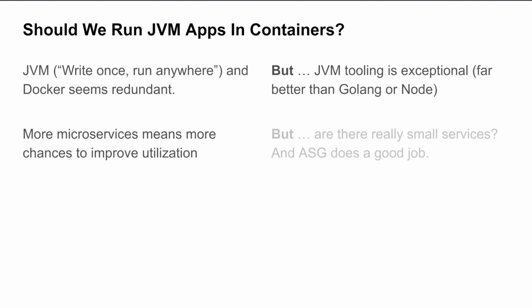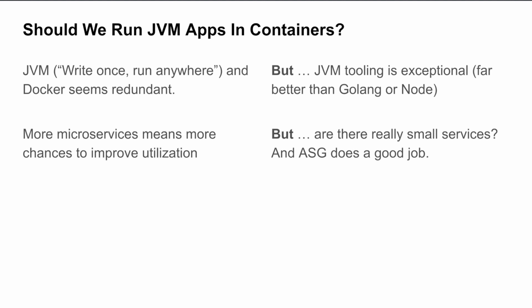The counter here, though, is just because you do microservices doesn't necessarily mean you'll have small services. You could have just a bunch of medium-sized services. And if that's the case, then the potential savings you might get from running them on the same virtual machine might not be that big.